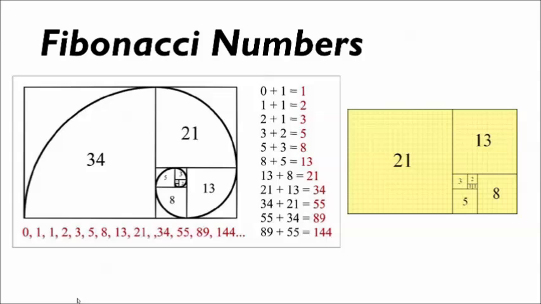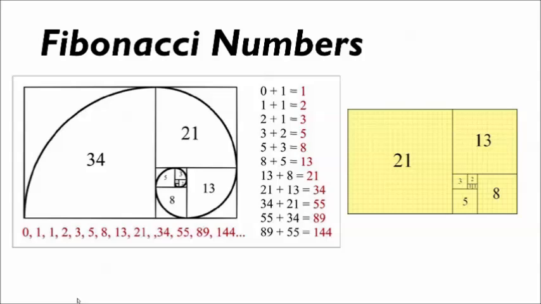And the Fibonacci numbers were created or tapped into by a man named Fibonacci. His name was Leonardo Bonacci. Some people call him Leonardo of Pisa. He was born in the 12th century, and he was an Italian mathematician. And he's kind of the father of modern mathematics.